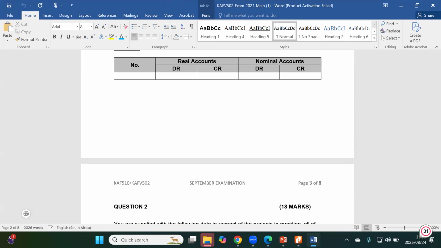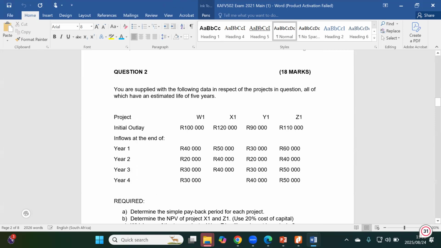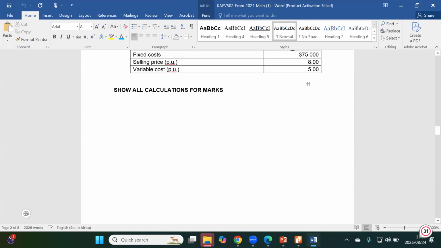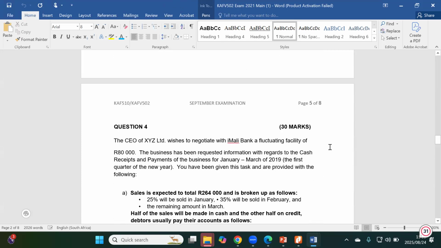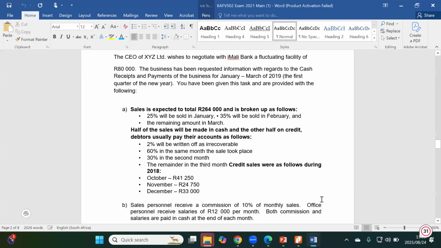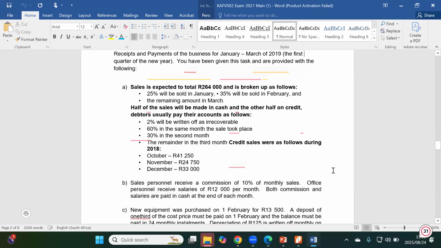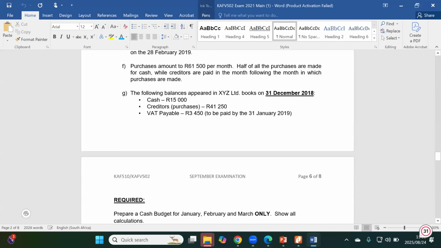Question one is definitely not cash budget. It's question four. All right, no problem. Let me scroll down to question four. Yes, question four appears to be the one. Let me evaluate the required parts.